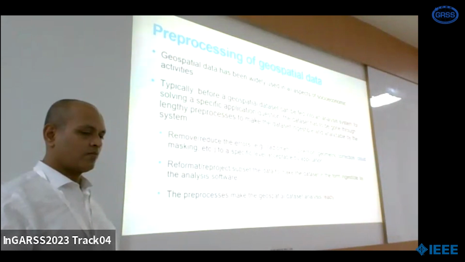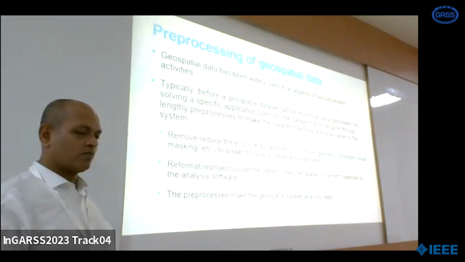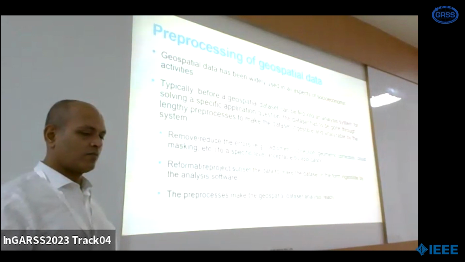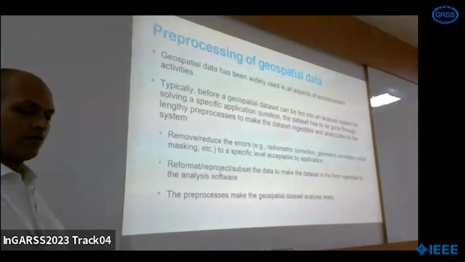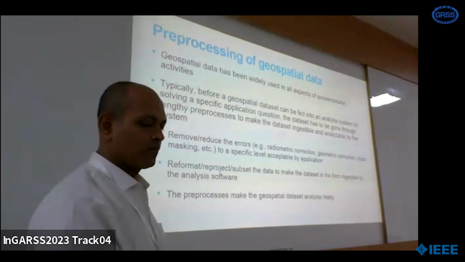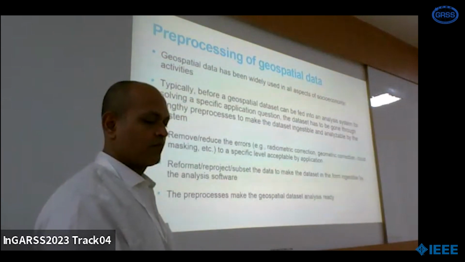In addition, we also need to reformat, reproject, or subset the data sets to make the data useful for a specific application. So those pre-processes make the geospatial data set analysis ready.